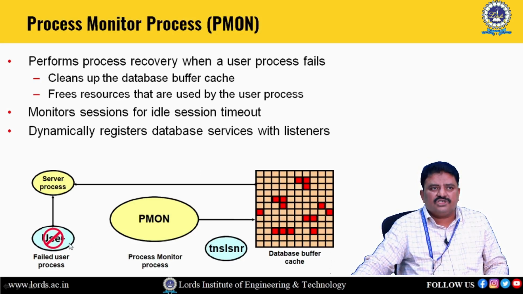So PMON is responsible for this particular user A. With the help of the server process information for this user, the PMON process will recollect all the information required and bring it to a consistent state for that user.